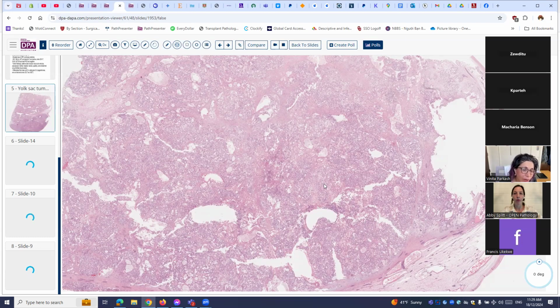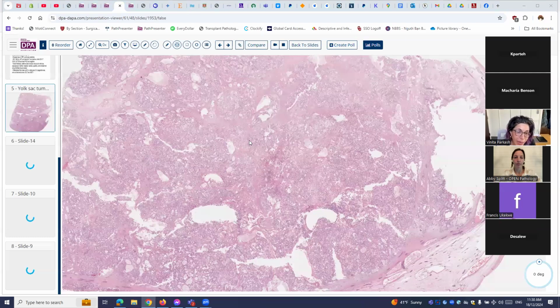Those are the ones that are classified as somatically derived yolk sac tumors, so they're not true germ cell tumors. The one big difference between the somatically derived and the germ cell associated tumors is P53. P53 is typically positive in the somatically derived yolk sac tumors, and typically negative in the germ cell derived tumors.